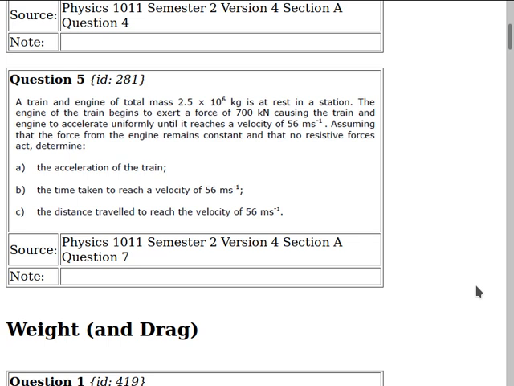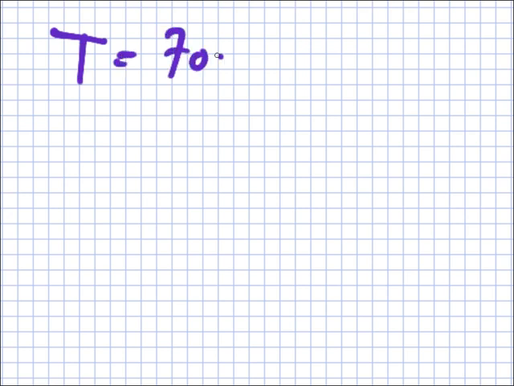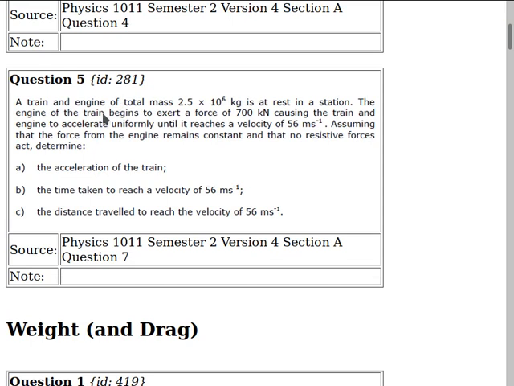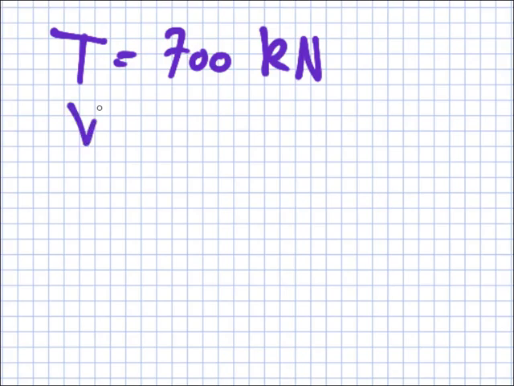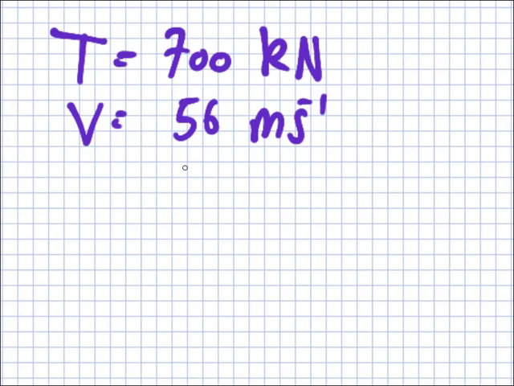The engine of the train exerts a force of 700 kilonewtons, and it accelerates until it reaches a velocity of 56 meters per second. What's the acceleration of the train?